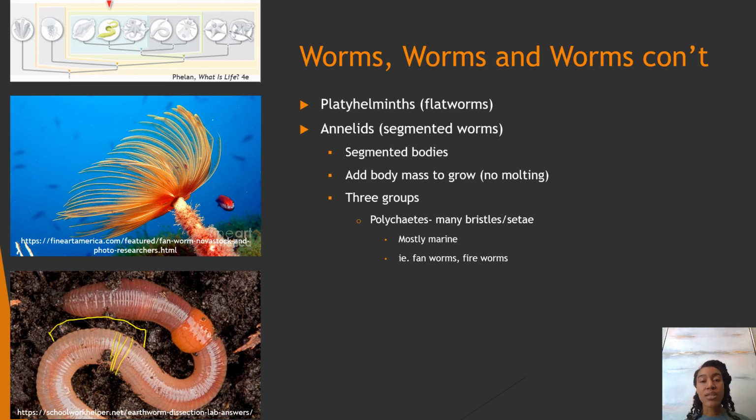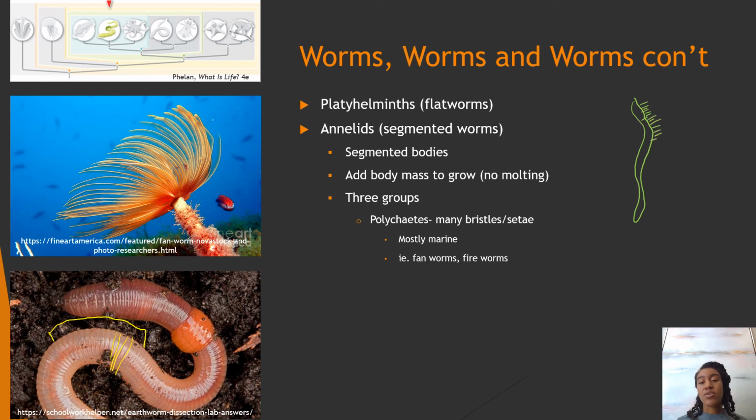There are three groups of segmented worms. We have our polychaetes, and they're called this because these worms can have small hair-like bristles on the outsides of their bodies. Earthworms don't have them, or they do, but you can't really see them. They're very few. But some of them have a whole bunch, and essentially, say you have a worm, it'll be covered with these little hairs.